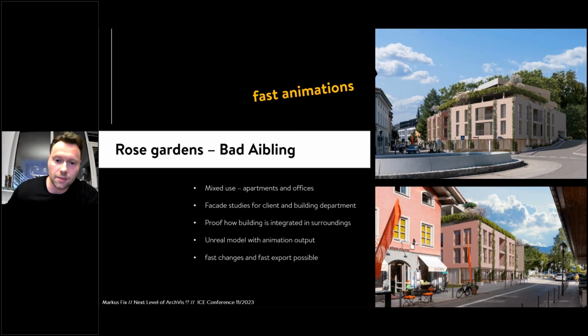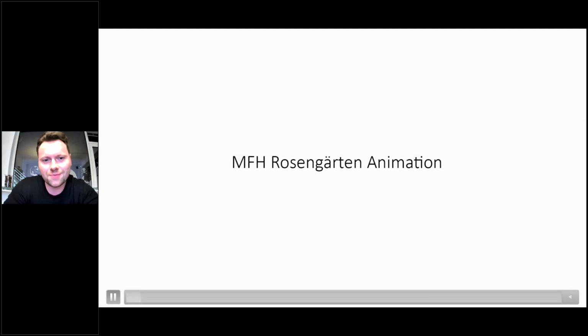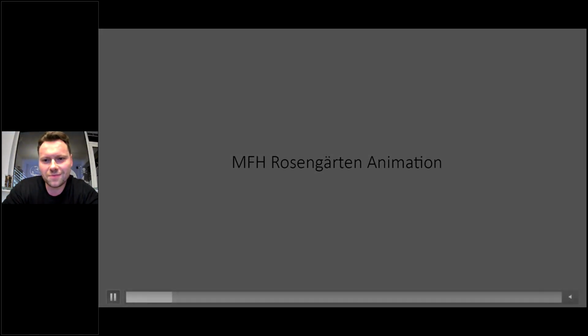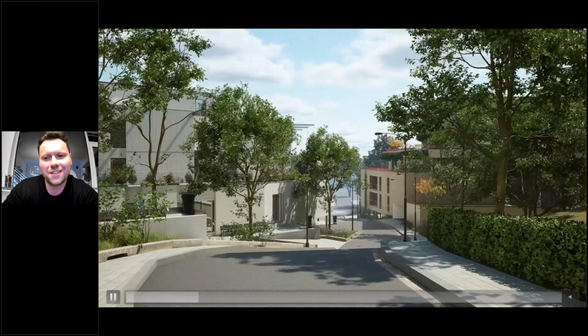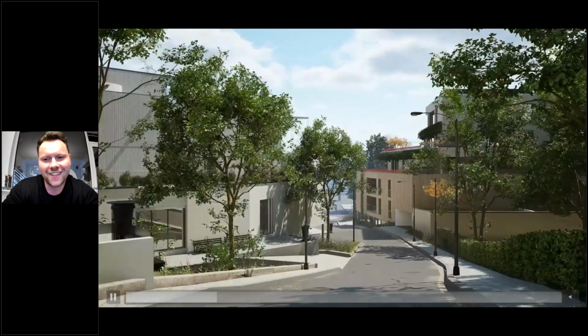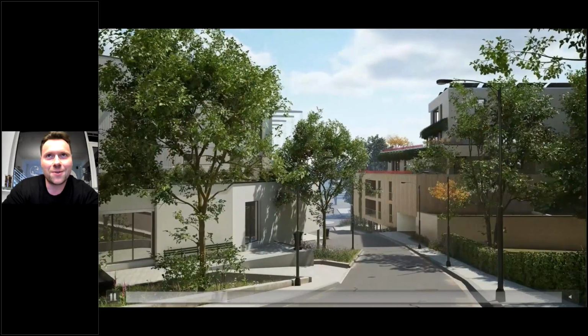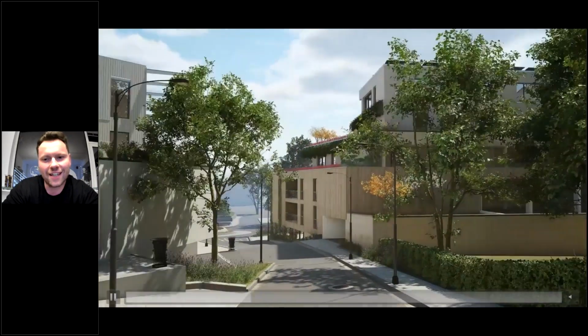We had to do this quite often, export and export and export. So this animation was changed and exported many times, and we're really happy that the export didn't take that long.